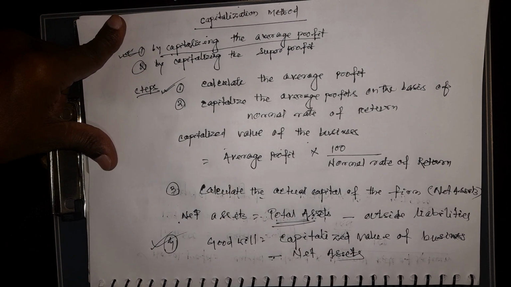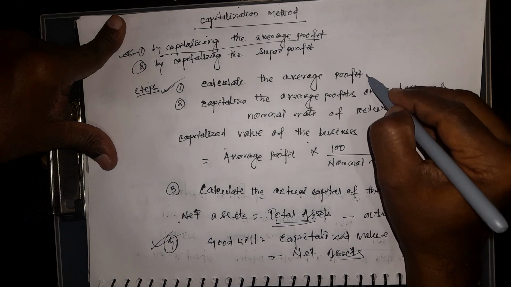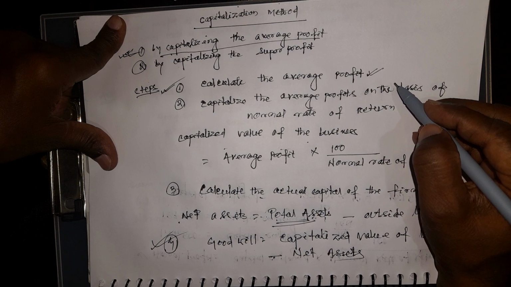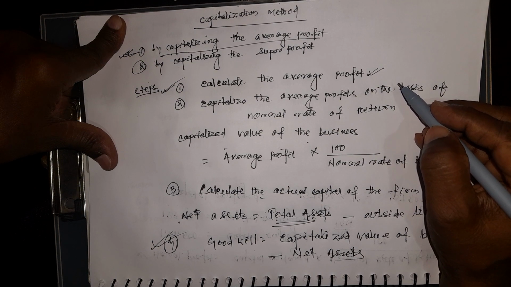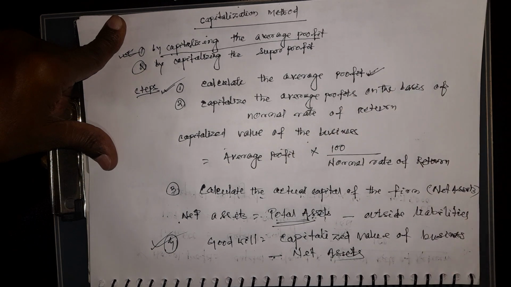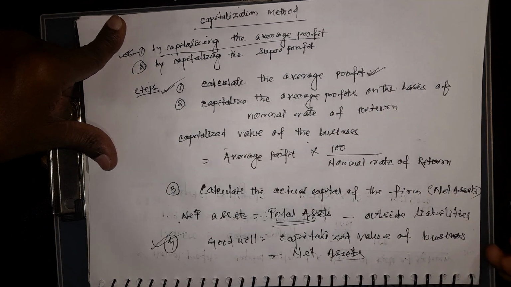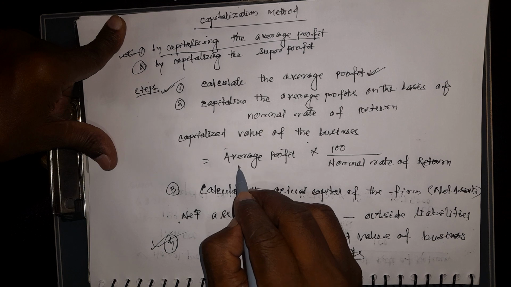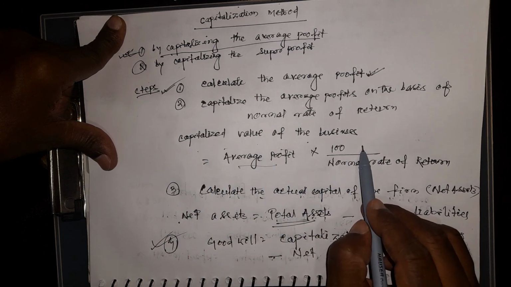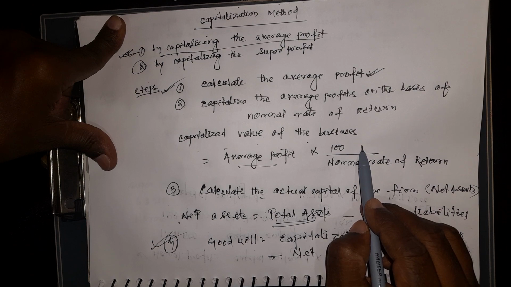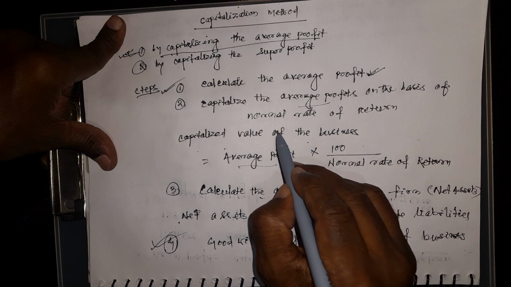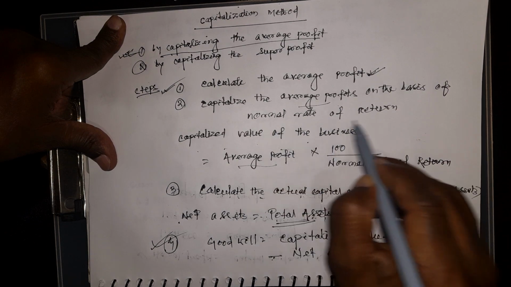Let me recap. First step, if the average profit is not given, you calculate it from the number of years' profit given. Second step, on the basis of the average profit, you calculate the capitalized value of the business according to the normal rate of return.